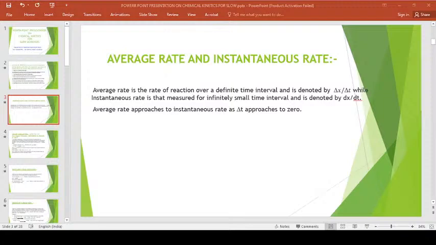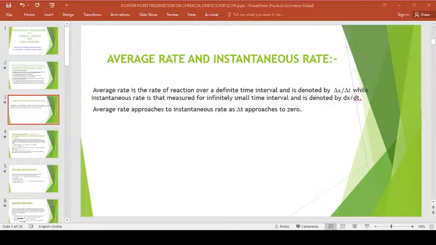Consider a reaction A plus B giving product. So in this reaction, A and B represent two different reactants, and they combine together and form some product. Now let us see what will be the rate for this reaction.